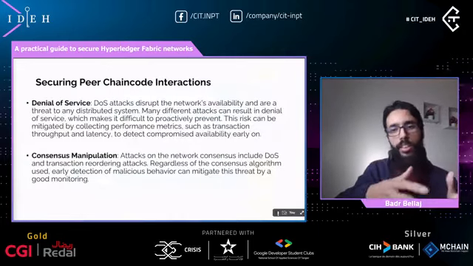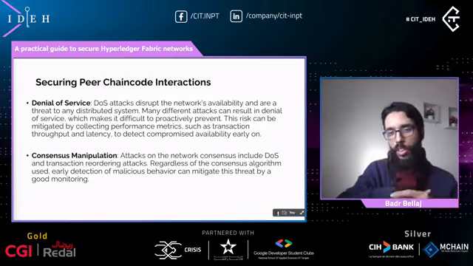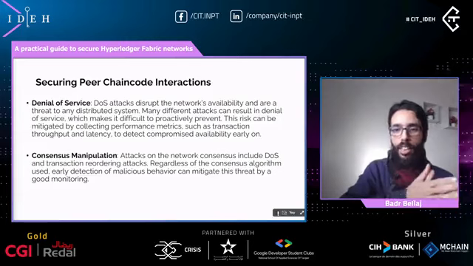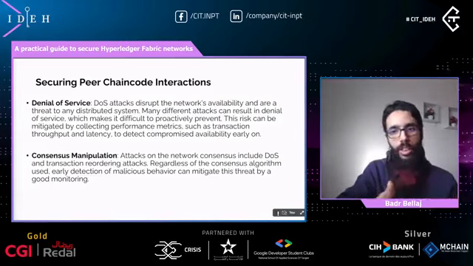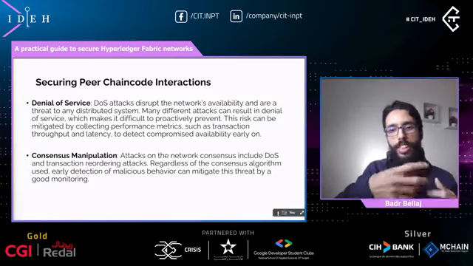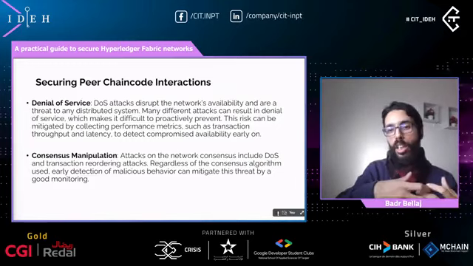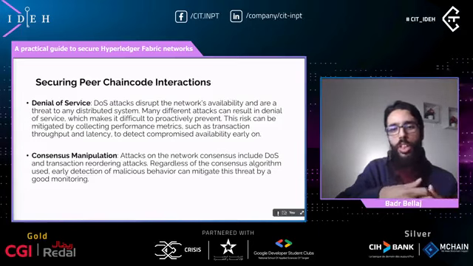Other attacks in Hyperledger Fabric are common to all distributed systems, like DoS attacks. I think everybody is aware of the meaning of a DoS attack. In this kind of attack, an attacker can, for example, stop the network, or try to manipulate the consensus mechanism in order to break the transaction order or to validate malicious transactions within the network.